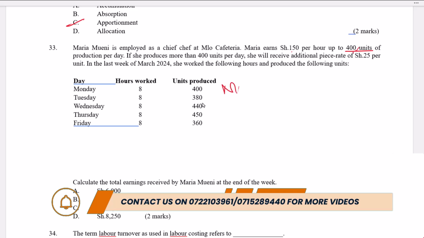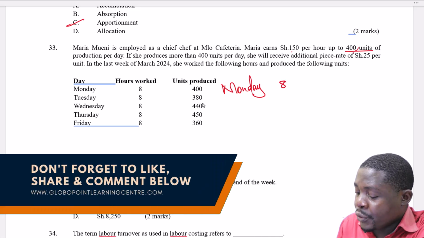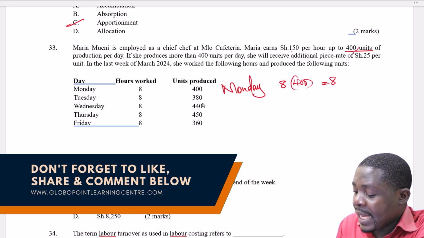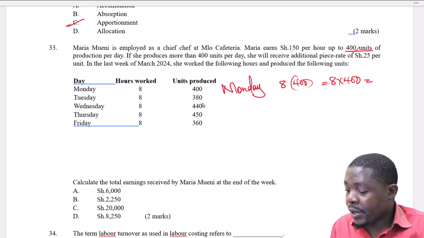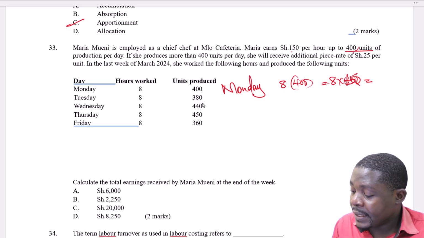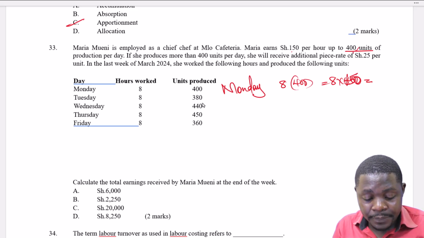Now Monday, she worked for 8 hours and produced 400 units, which is okay. Now in this case we take 8 multiplied by 150. Let's say what she got on Monday. 150 we are multiplying by 8.